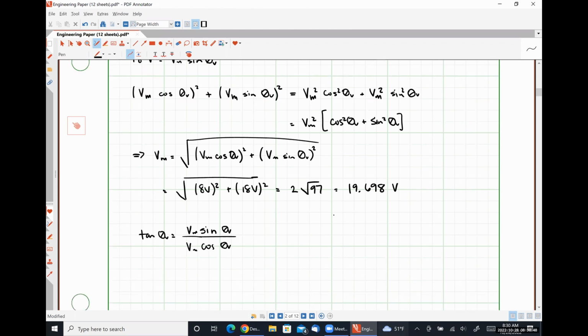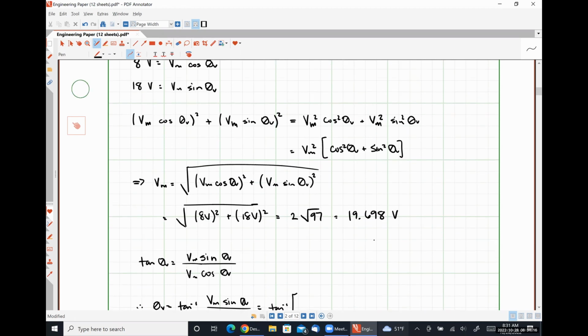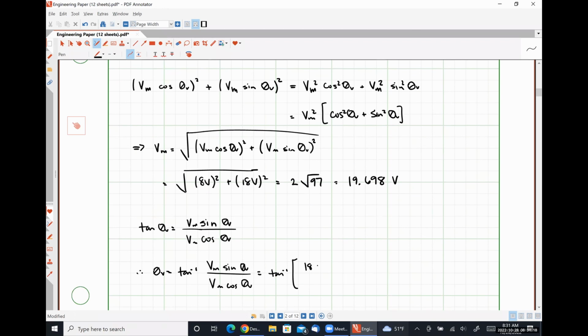So from this, I could say that the angle theta V is the inverse tangent of VM sine theta V over VM cosine theta V, which will be the inverse tangent of 18, I believe, over 8.